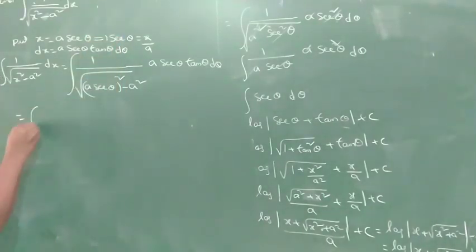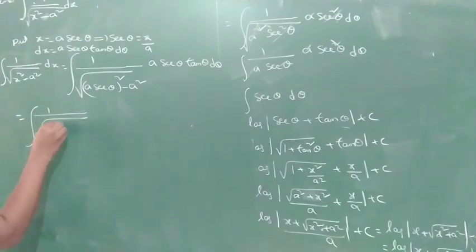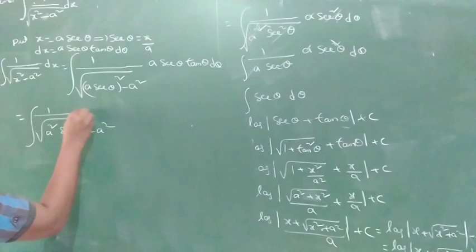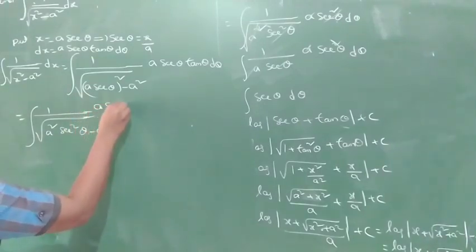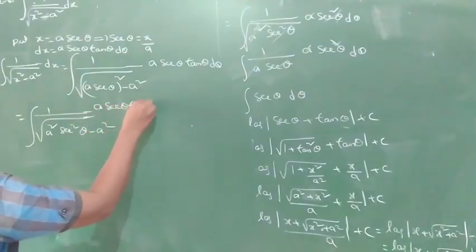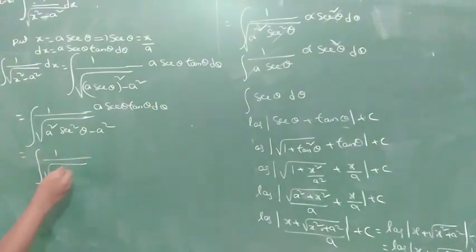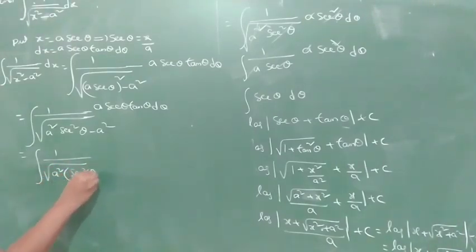So that is equal to the integral of 1 by root of a square secant square theta minus a square, times a into secant theta into tan theta d theta. Taking a square common, that is 1 by root of a square times secant square theta minus 1.